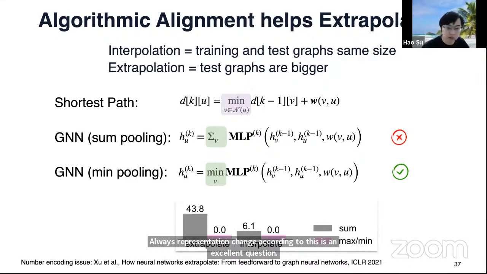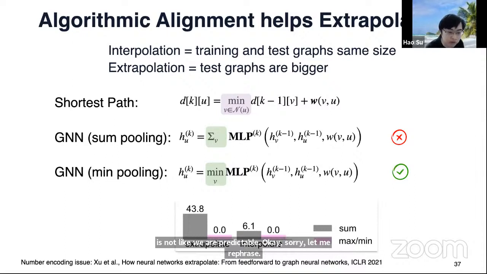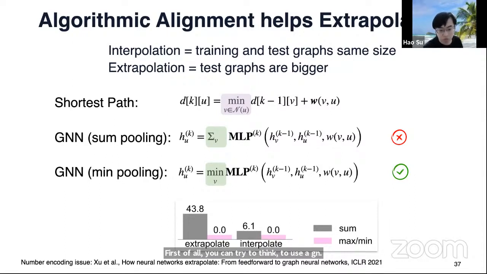It is relevant to what kind of policy learning framework you're using. For example, if we are considering on-policy learning algorithms, sorry, let me rephrase. First of all, you could use a GNN to build a policy network, but more precisely, there's a distinction of whether you're using the GNN to build the policy part of the network, or you could also use the GNN to learn the value network.